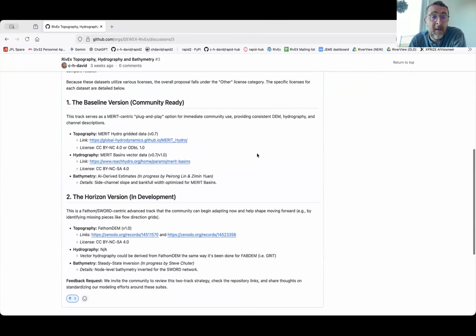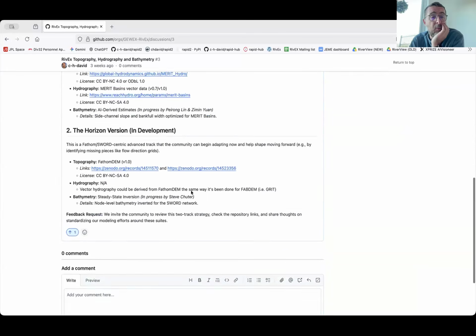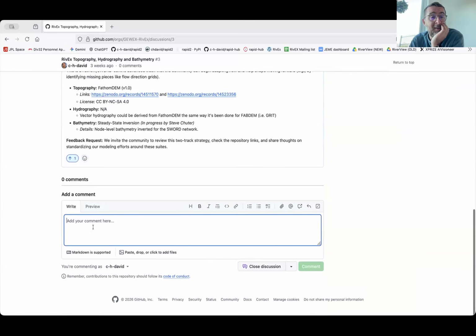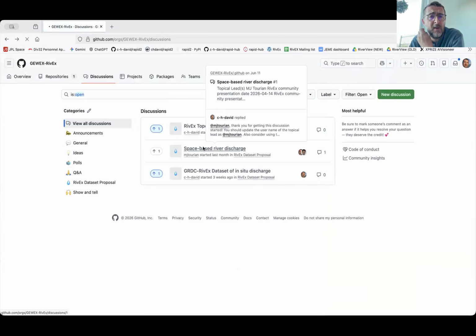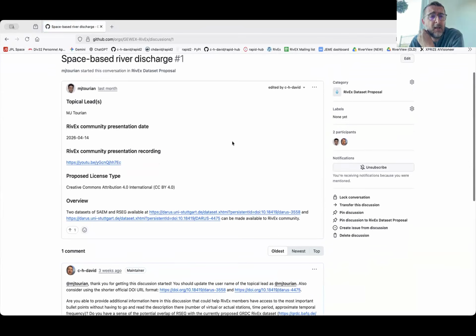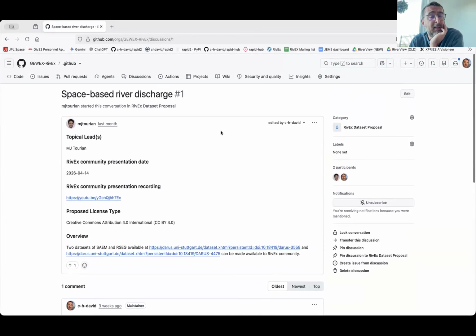Hydrography has not been produced just yet that I know of for that, and bathymetry is in progress, leveraging SWOT observations. So that's one thing. Anybody is welcome to add comments on there. This is probably just a week old, so we don't have a lot of activity yet. But I'd like to encourage everyone to put their perspective on this.